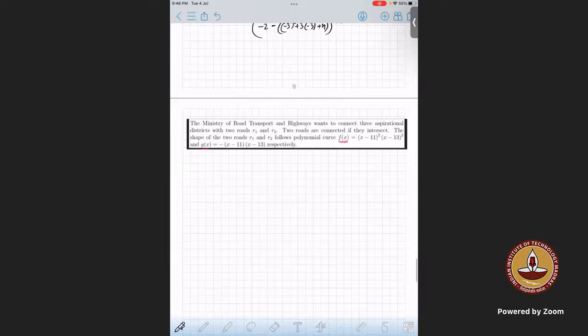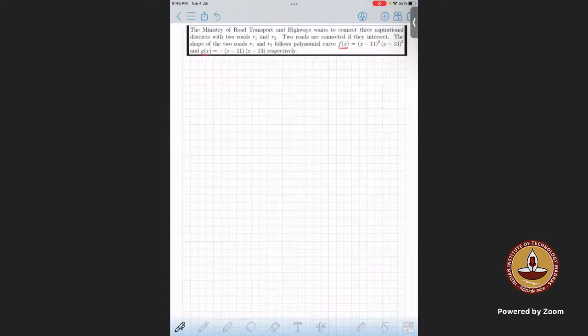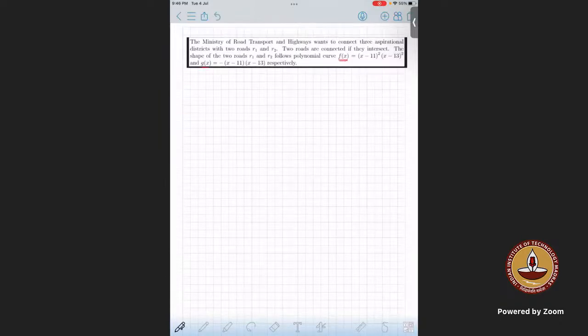Okay, I'm moving to the next question. How to take common when we have a minus sign in the leading term? Just remove the minus sign and change all the signs. You can do that. Using this example, I will explain. Don't worry, I'm moving to the next question.